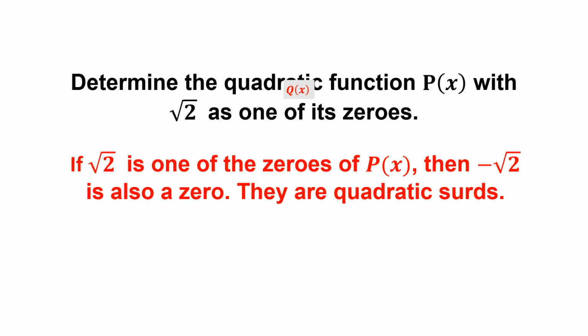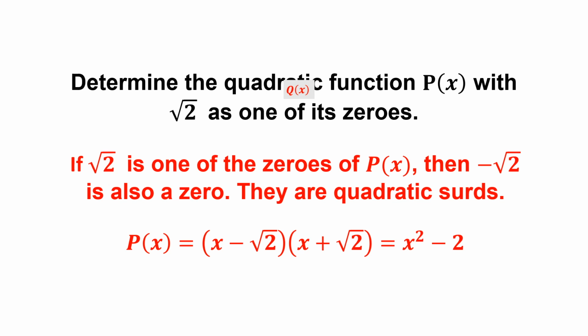They are quadratic surds. This means p of x is equal to the quantity x minus square root of 2 times the quantity x plus square root of 2, which is equal to x squared minus 2.